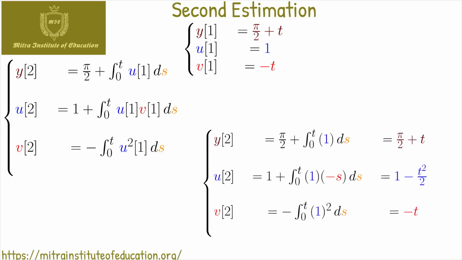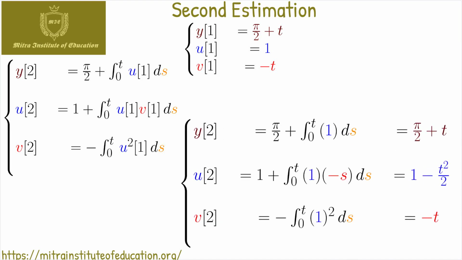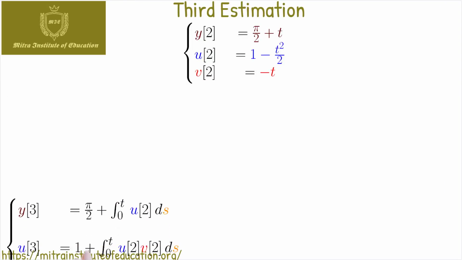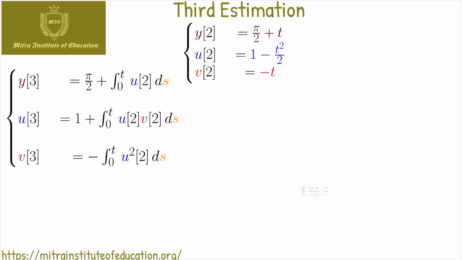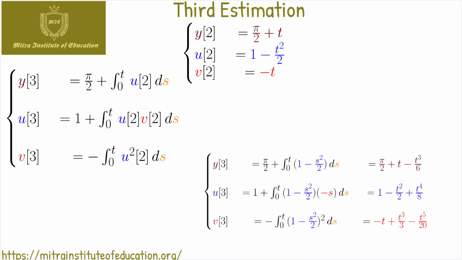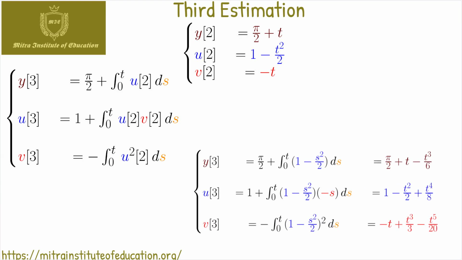Using the first estimation, we refine our values to get closer to the true solution. Next, we compute the third approximation. By refining our values further, we continue to improve the accuracy of our solution.